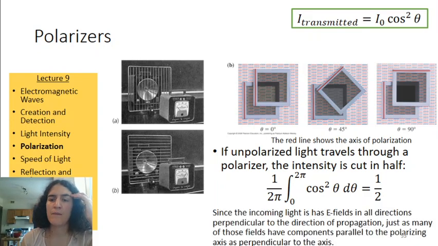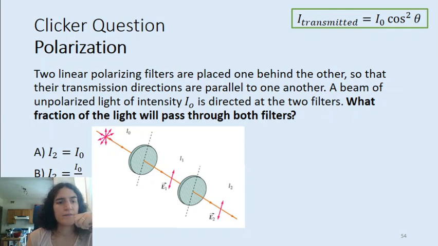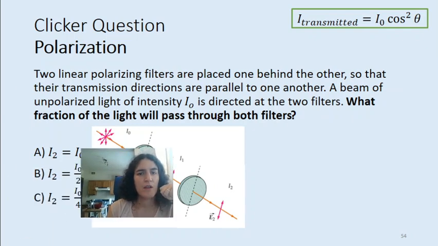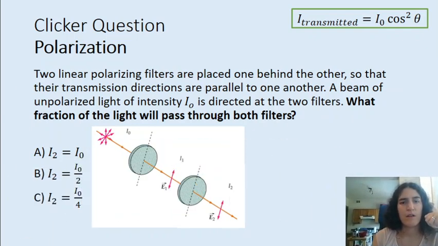Okay, let's do some more examples. Over here I have unpolarized light with an initial intensity I0. I'm passing it through one filter, and the intensity in this location should be I sub 1.